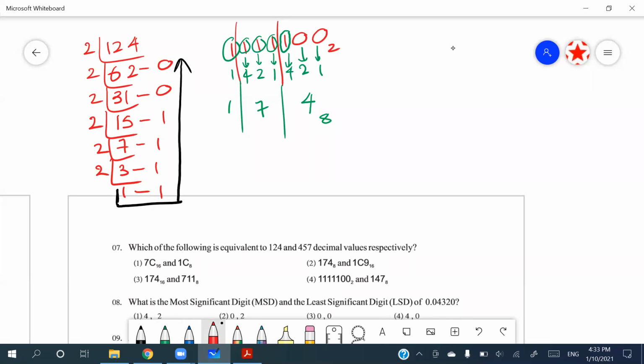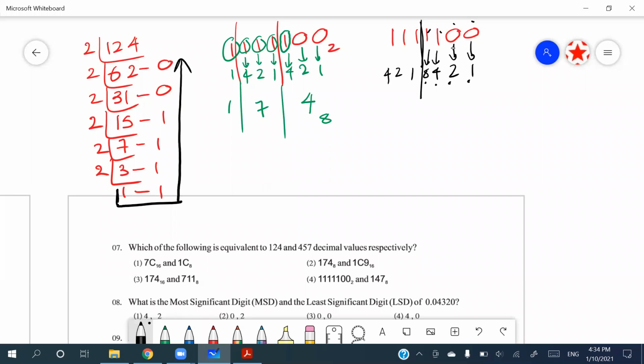And if you consider the hexadecimal conversion, this is the place that you are going to divide it, right? So the place values will be 1, 2, 4, and 8. This is going to be 1, 2, and 4. So when you convert it, 8 will be multiplied by 1, 4 will be multiplied by 1, 2 will be multiplied by 0, and 1 will be multiplied by 0.